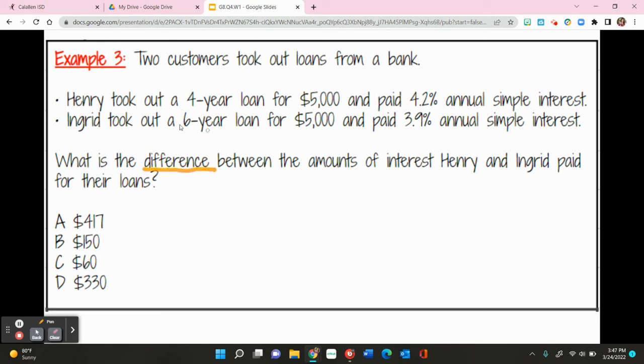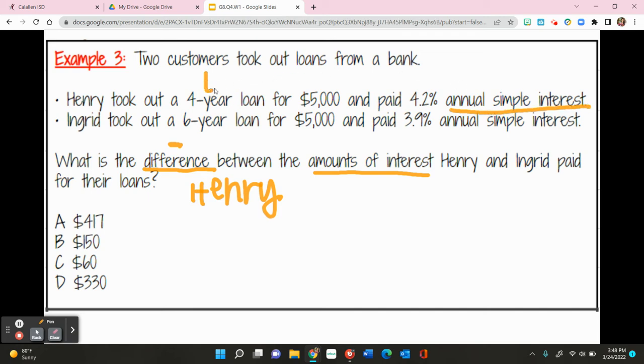So this word difference, remember, that means that we are going to subtract the amount of interest. So we're going to find the interest on both Henry and Ingrid's loans, and then we will subtract the amount of interest because we want to find the difference. So for Henry, it says they are doing annual simple interest.